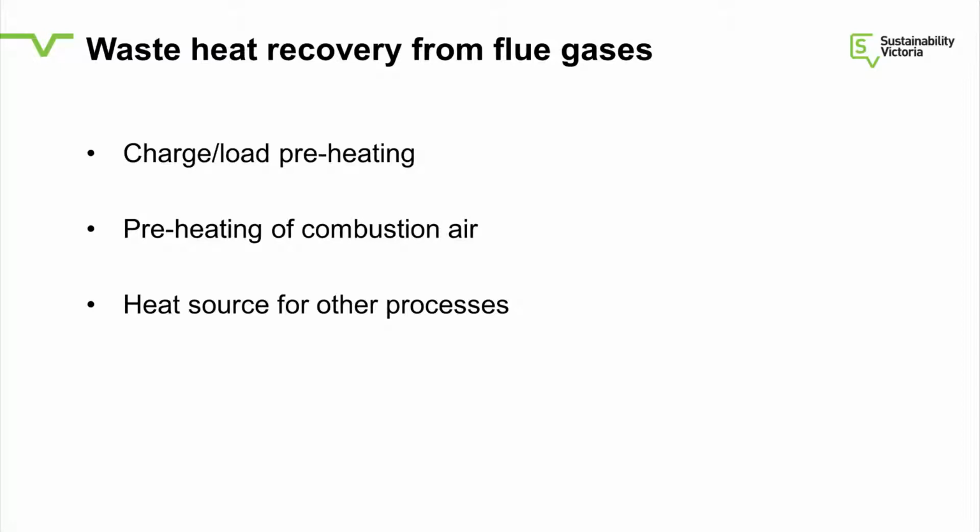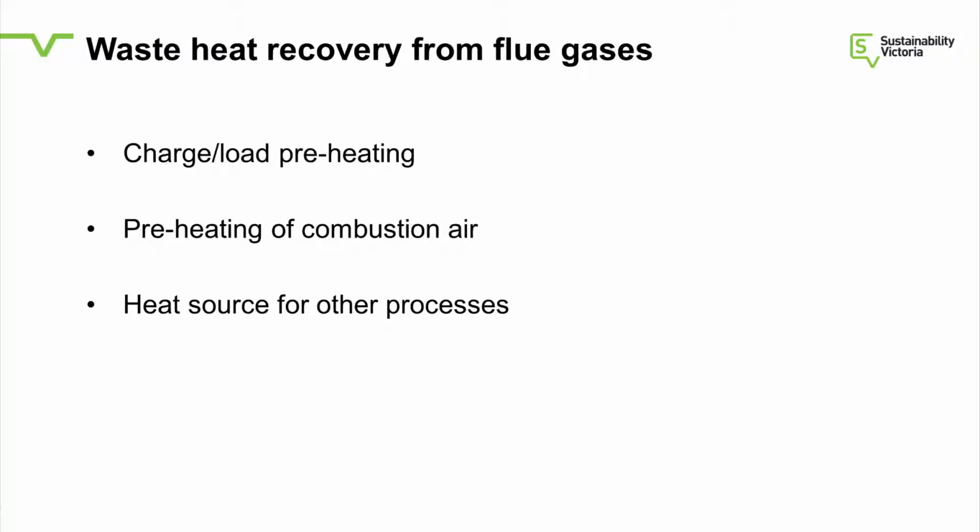Waste heat. I said that in high temperature processes, there's a lot of energy goes to the flue. So what do you do with that energy? Some people preheat the product. So if you're heating a metal or something, you can pass the exhaust products through and preheat the metal before it actually goes to the process.